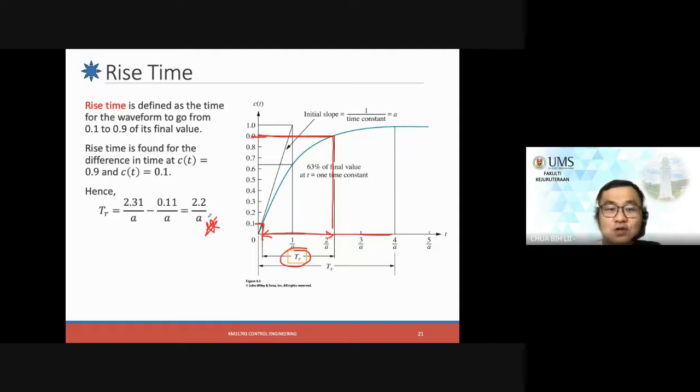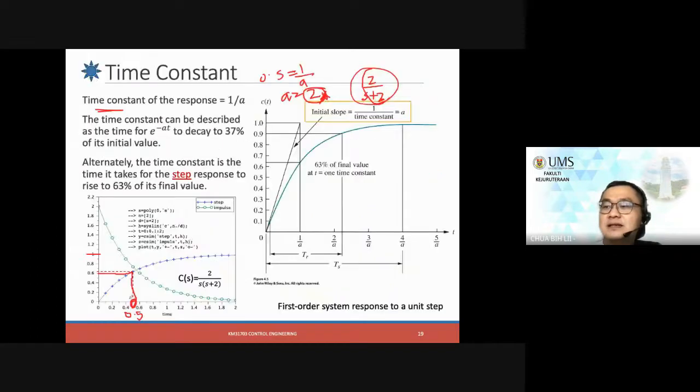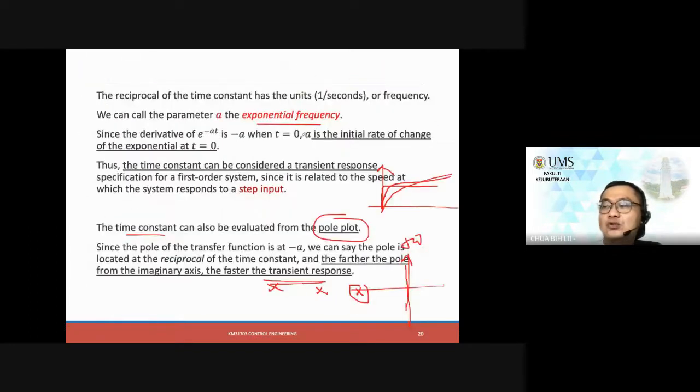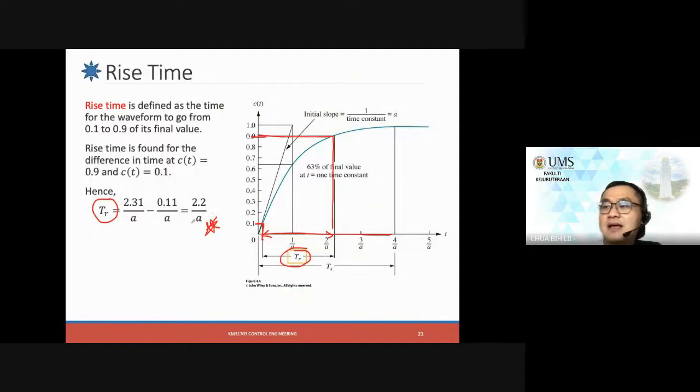If we know a, then we can estimate the rise time. For our previous case, a is 2, so if we put 2.2 over 2, we roughly get 1.1. So the rise time is roughly 1.1 seconds. That is how we can estimate the rise time.